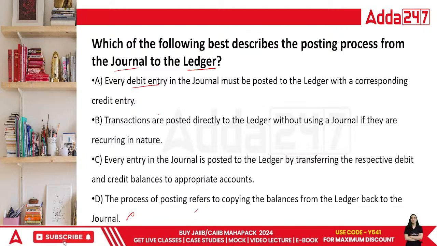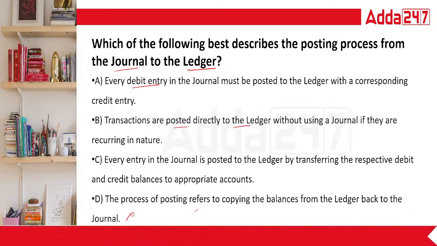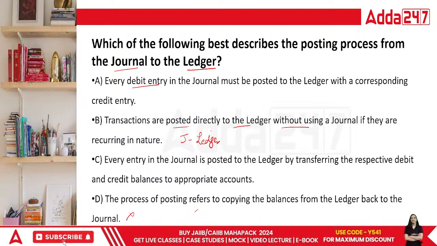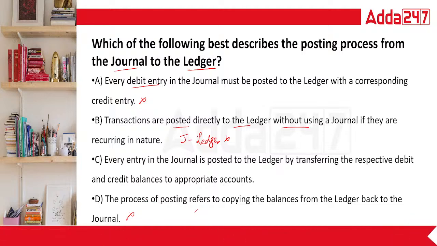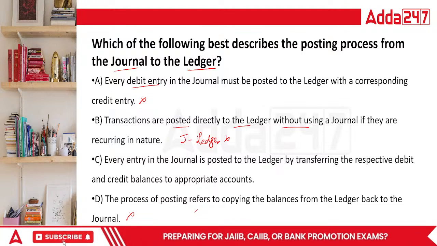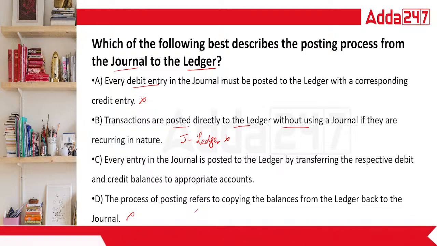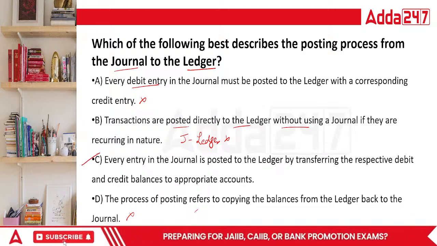Transactions are posted directly to the ledger without using the journal? No. It starts from the journal, then goes to the ledger. So this part is also wrong, this is also wrong, and there is never a copying part. So what's going to be the answer, everyone? It is basically C. Done, everyone? The answer is C.